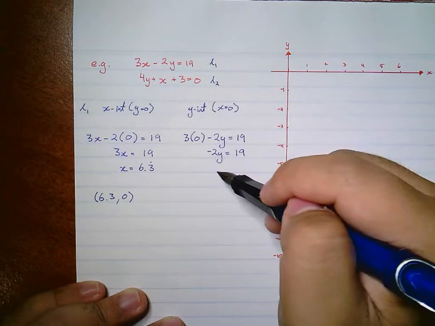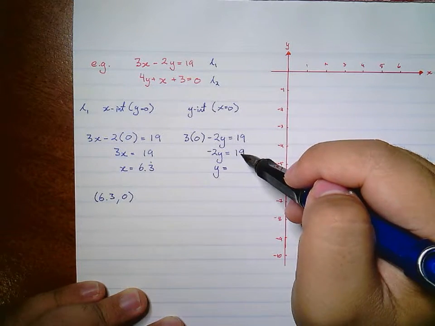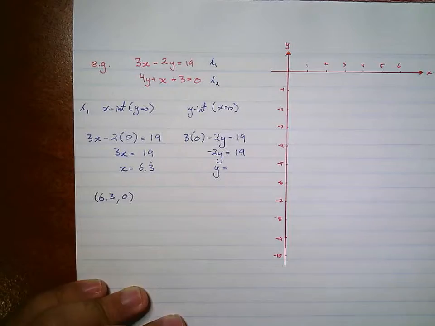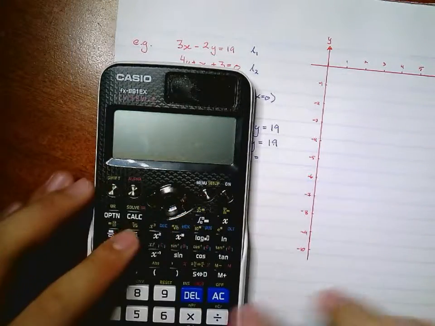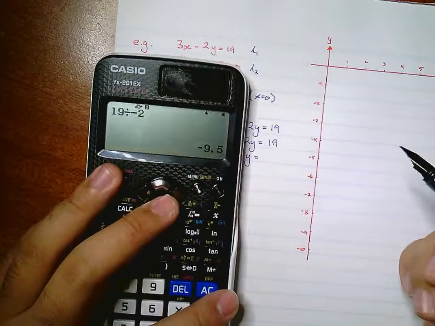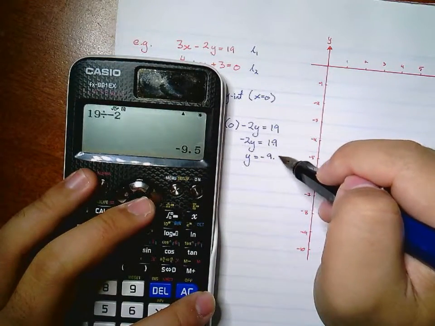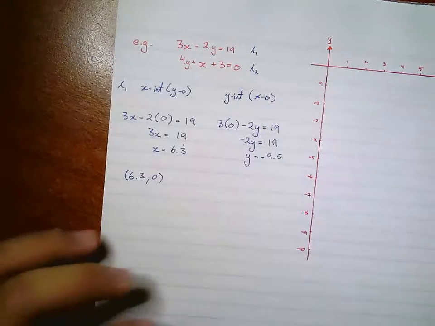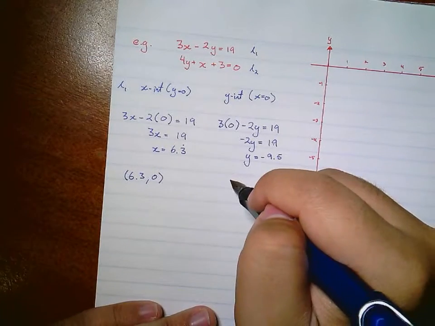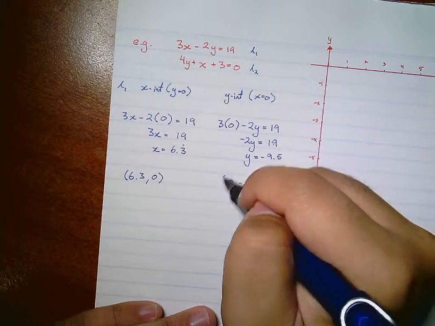Dividing both sides by negative 2, we get y equals 19 divided by negative 2. Let's try that there. 19 divided by negative 2 gives me negative 9.5. And our next coordinate now is 0, negative 9.5.